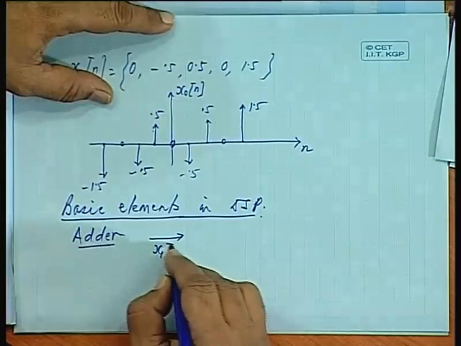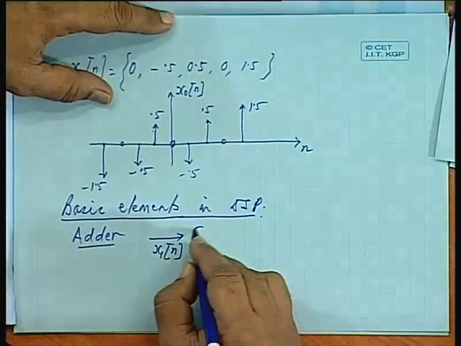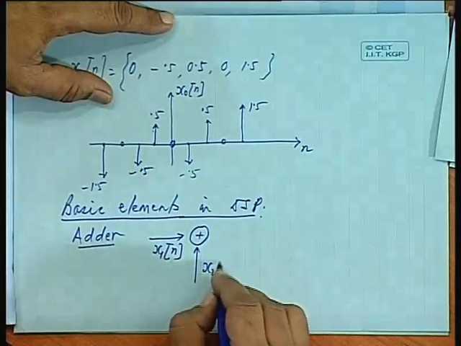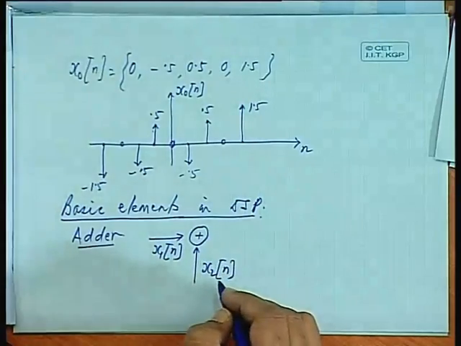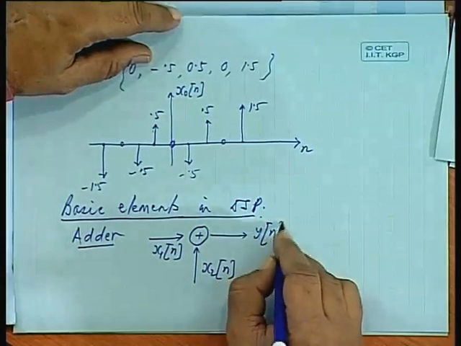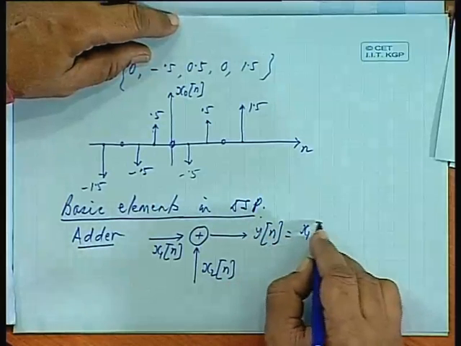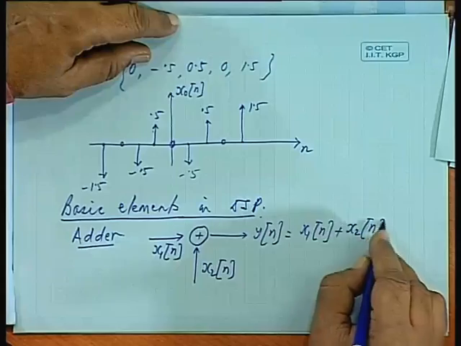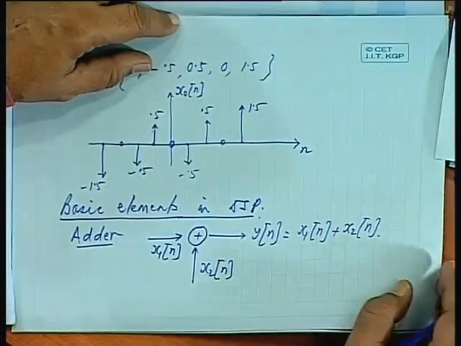You have a sequence x1 n, x2 n, and the output is x1 n plus x2 n.